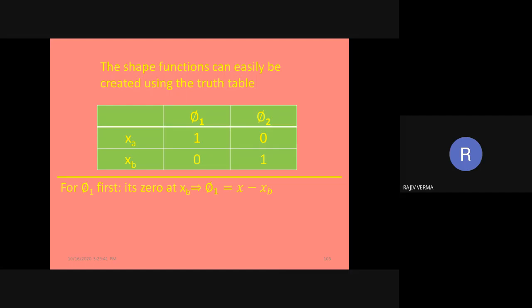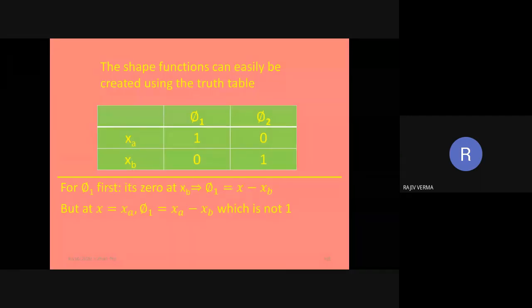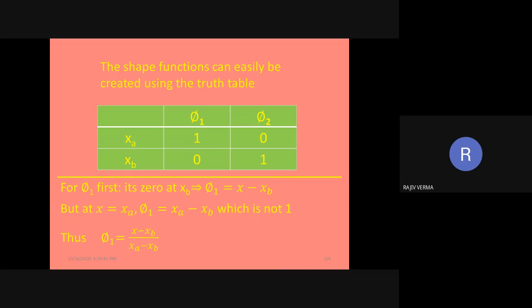But the thing is that when you evaluate this particular expression at xa, phi1 becomes xa minus xb, which is not 1, but it was supposed to attain a value 1. So what you do is a simple mathematical trick. You simply divide this by xa minus xb.